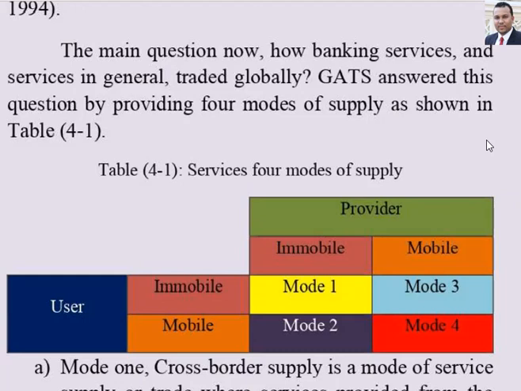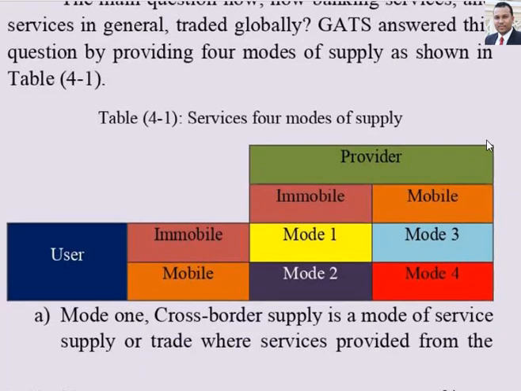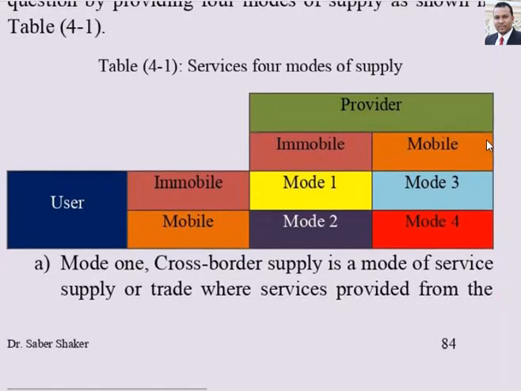So for a service, how can we import or export a service? This is very important. How can we import or export a service? GATS answers this question by the following 4 modes of supply.